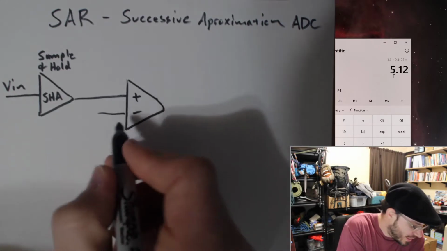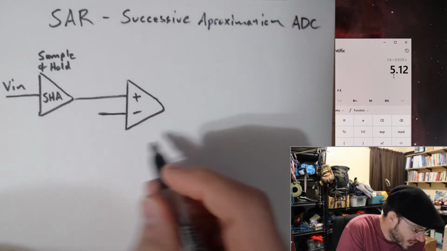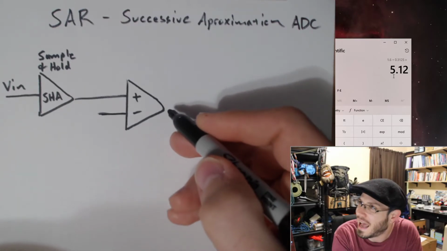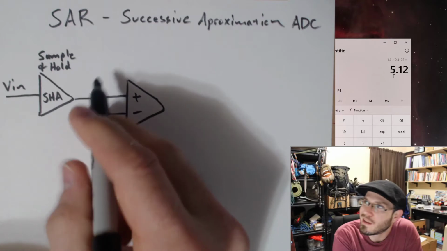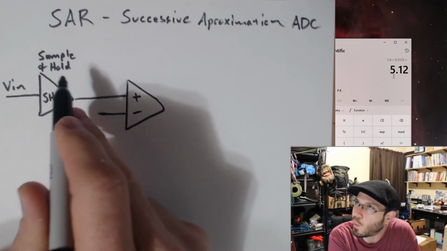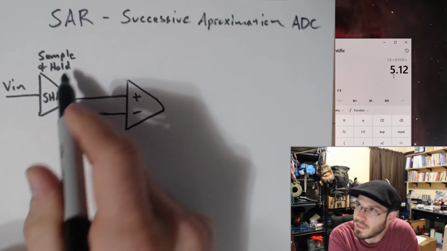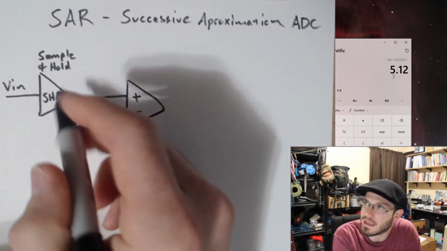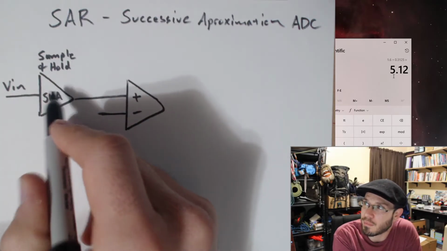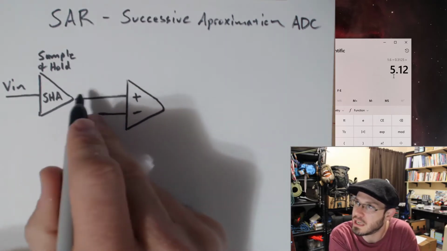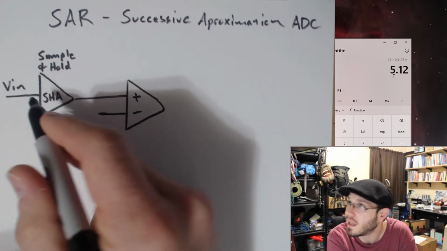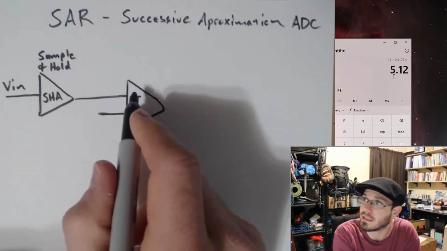And this comparator is just going to tell us which voltage is higher. The sample and hold here is for a practical implementation of this, but you could just think of the voltage here as being just Vin, as long as Vin is static and doesn't change.